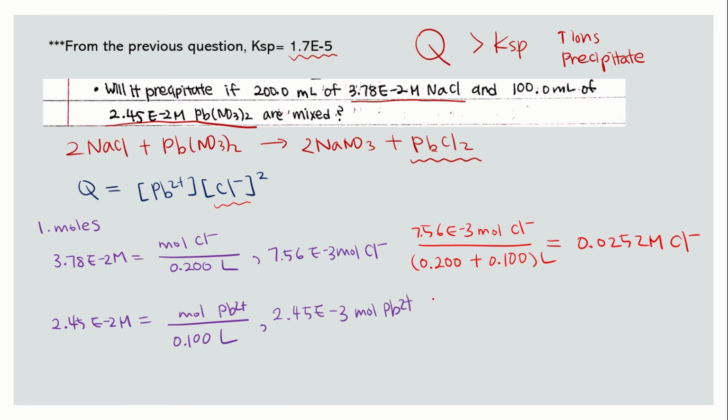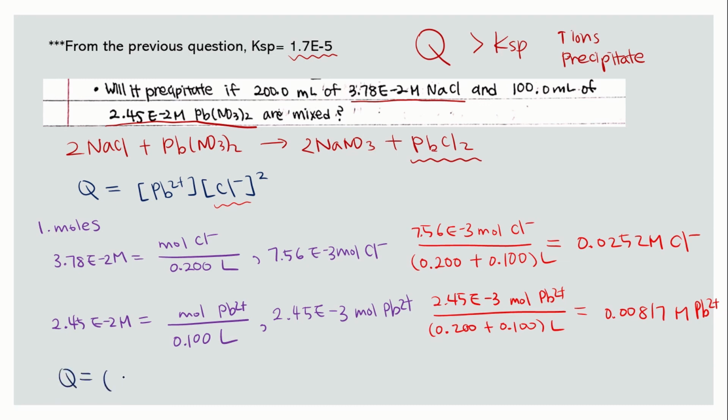Now you have to find the concentration, which you do by dividing the number of moles by the total volume, and you get 0.00817 molar Pb2+. And now, since you have both concentrations, you can calculate Q.